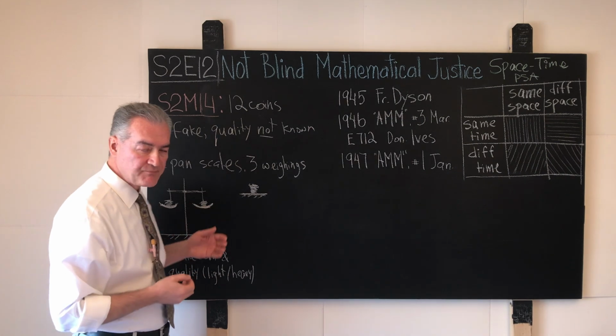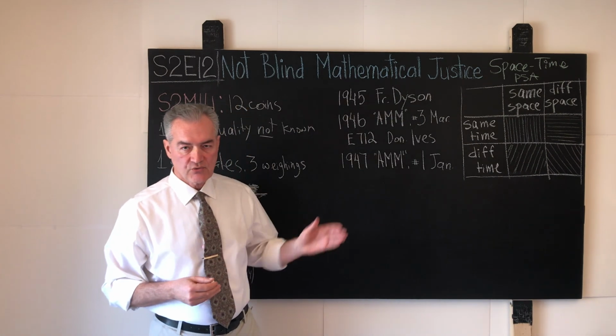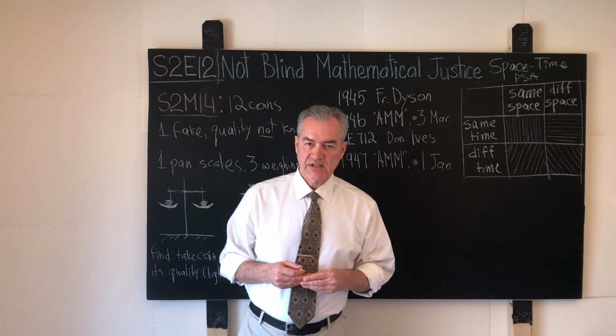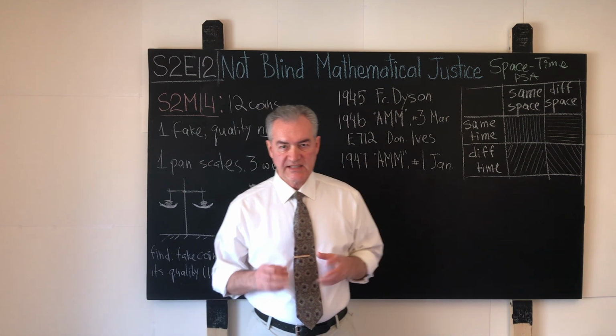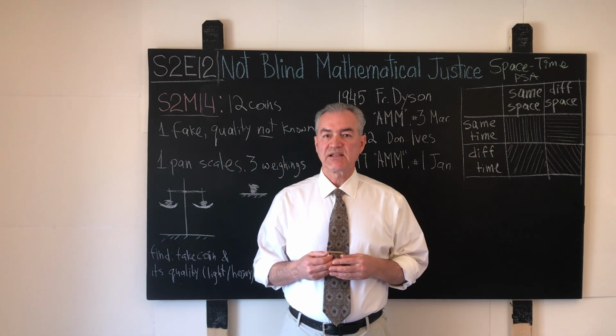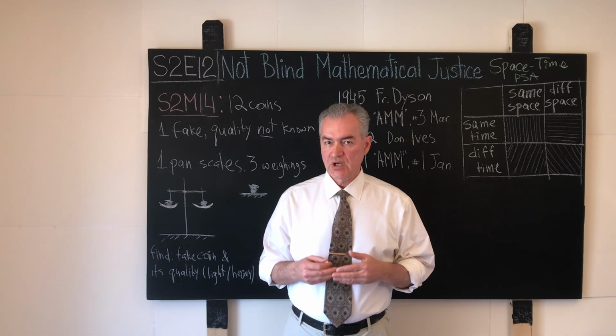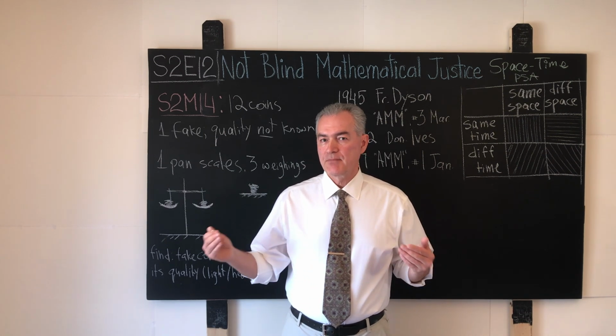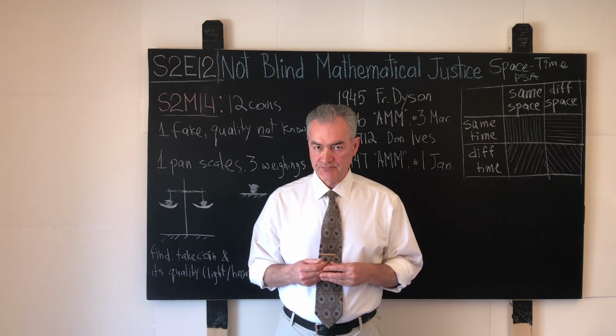And what does the time in this problem represent from the space-time problem solving approach? Well, in this case, the same time is precisely the time during which this specific weighing unfolds.